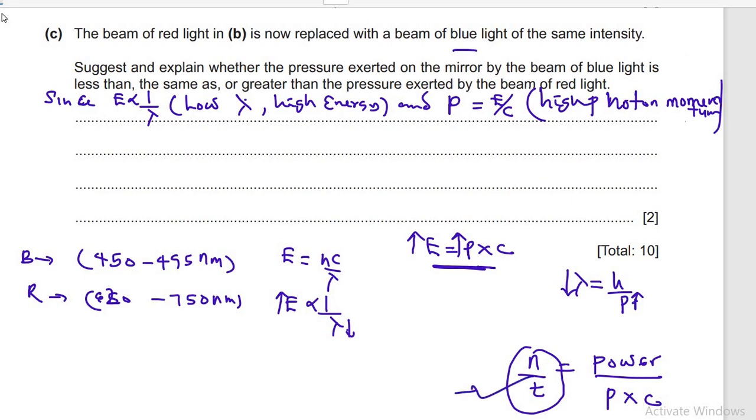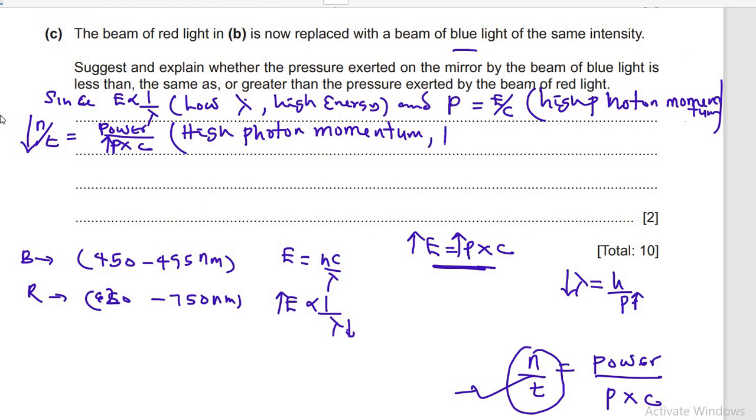So high photon momentum, look at the formula here. Number per unit time is power over momentum multiplied by speed of light. High photon momentum, lower this. You can see it from this formula. High photon momentum, fewer number of photons.